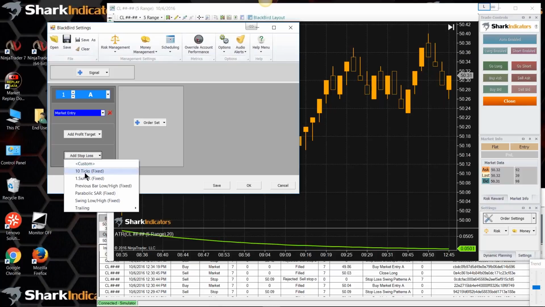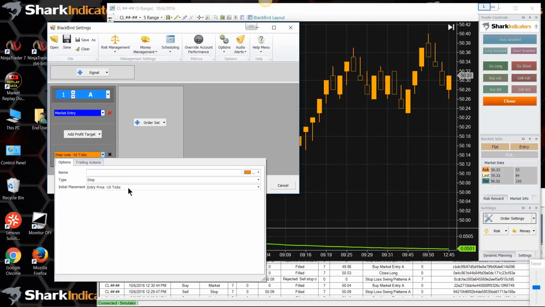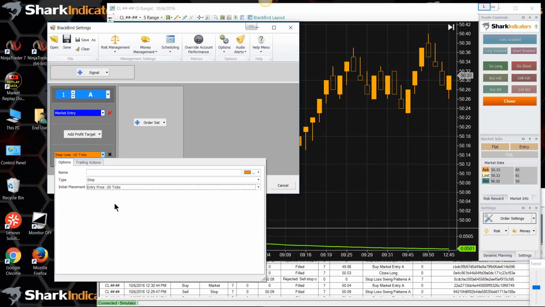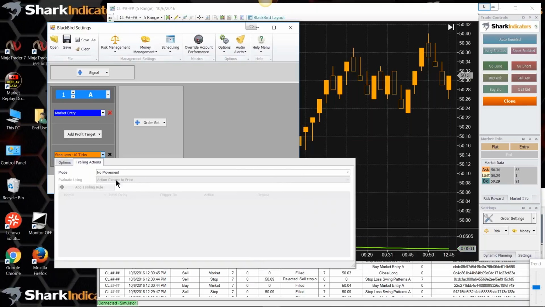So let's just set up a stop loss here, a fixed stop loss, and let's increase this to a 20 tick stop loss, so it's really obvious. Then what we'll need to do is go into the trailing actions, and we'll set up a trailing rule.